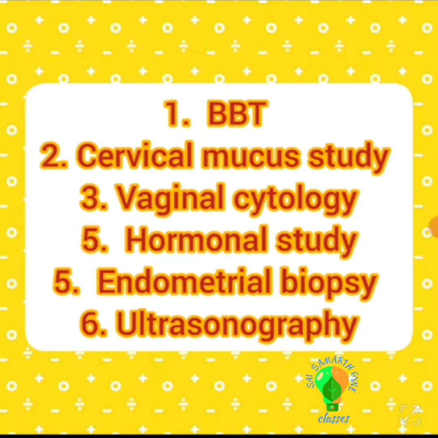Second point, cervical mucus study. Whenever cervical mucus is under the influence of progesterone, the pattern of the mucus changes. So on the 22nd day of the cycle, mucus is drawn, a slide is prepared and observed.